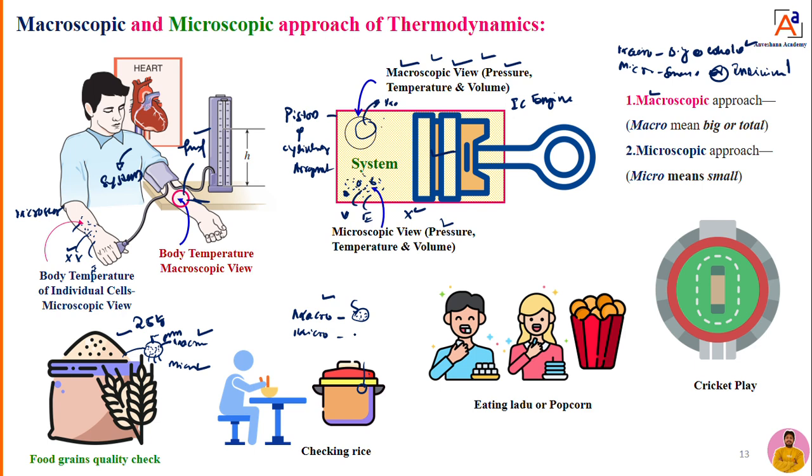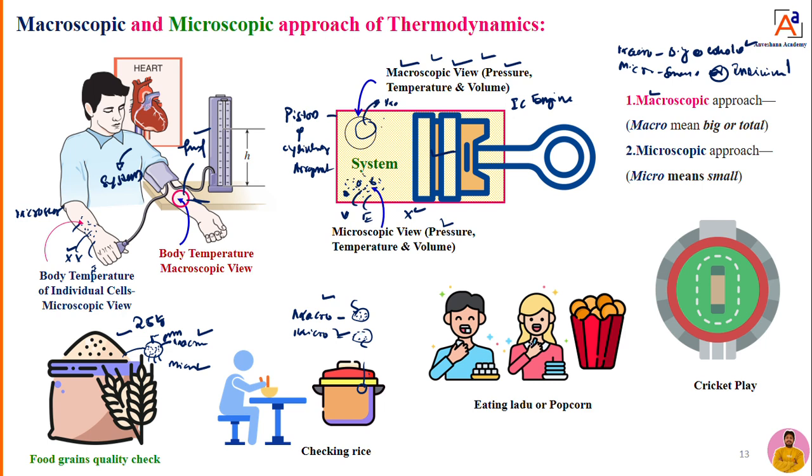If you take an individual rice particle, press it, eat it, and then conclude that the rice is ready, you are considering an individual rice particle to check the quality of the rice, and that is nothing but the microscopic approach.